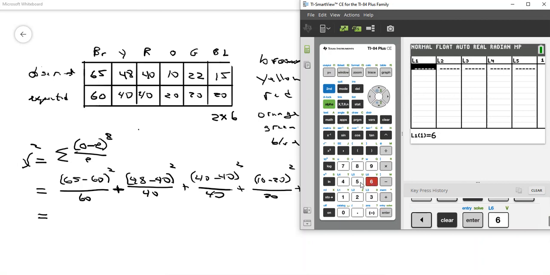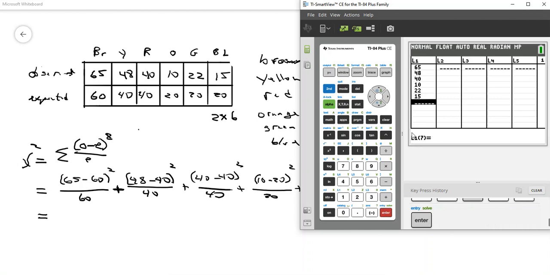So 65, Enter, 48, Enter, 40, Enter, 10, Enter, 22, Enter, 15, Enter. So we've got 1, 2, 3, 4, 5, 6.